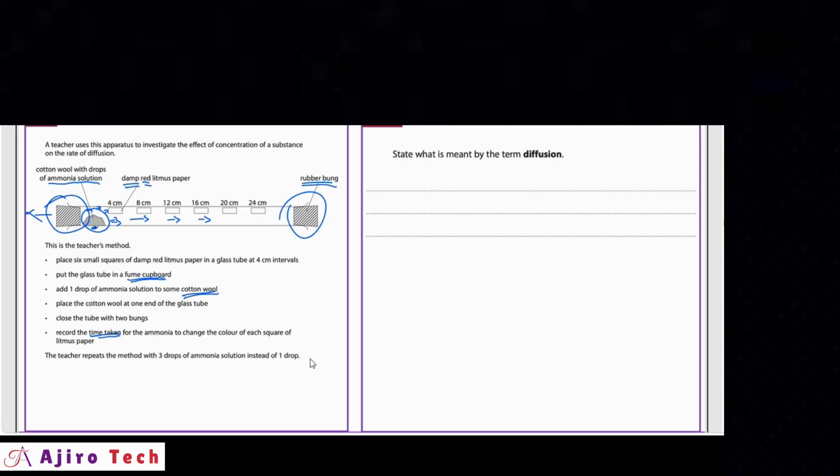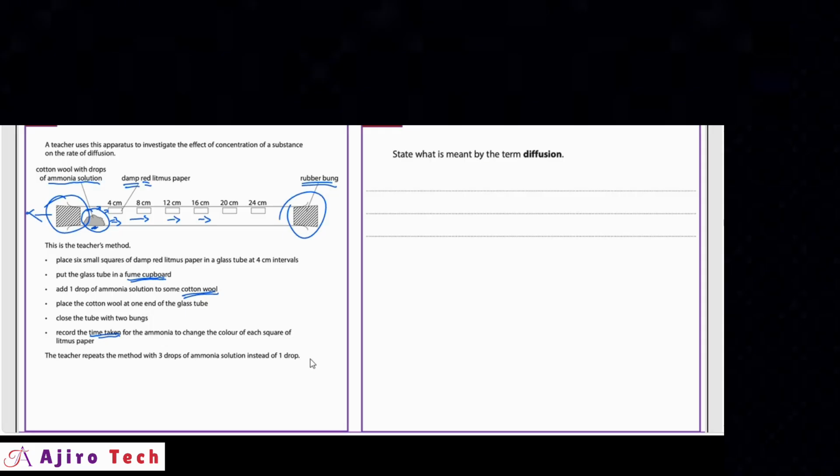That small amount of water gives the litmus paper the opportunity to be soaked, and then allows the ammonia gas to dissolve on the red litmus paper, so that it can easily detect the ammonia gas and then change the color to blue. So that is that. Then record the time taken for the ammonia to change the color of the litmus paper.